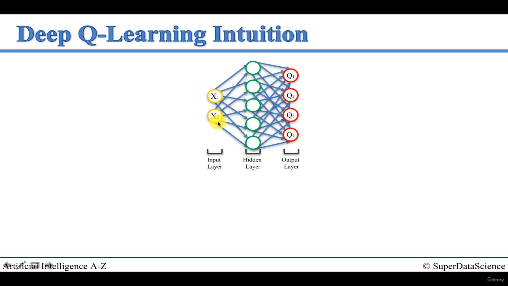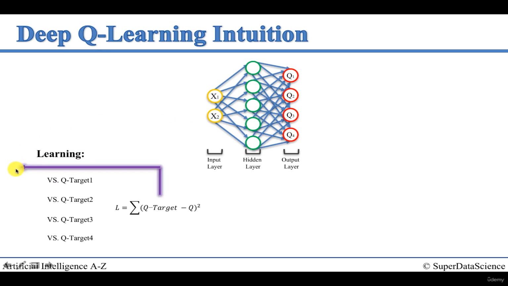And once we feed it in, there are two parts of the process that happen. Part one is the learning. Remember that part where we compare each of the Q values with the targets, and then we backpropagate the loss through the network to update the weights so that our network is learning as we go through this maze or this environment. And the second part is, of course, we have to act, we have to select an action.